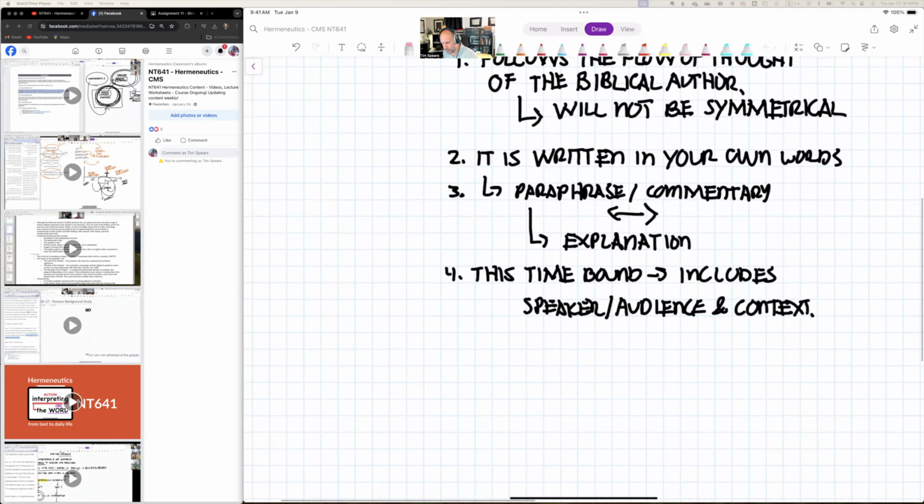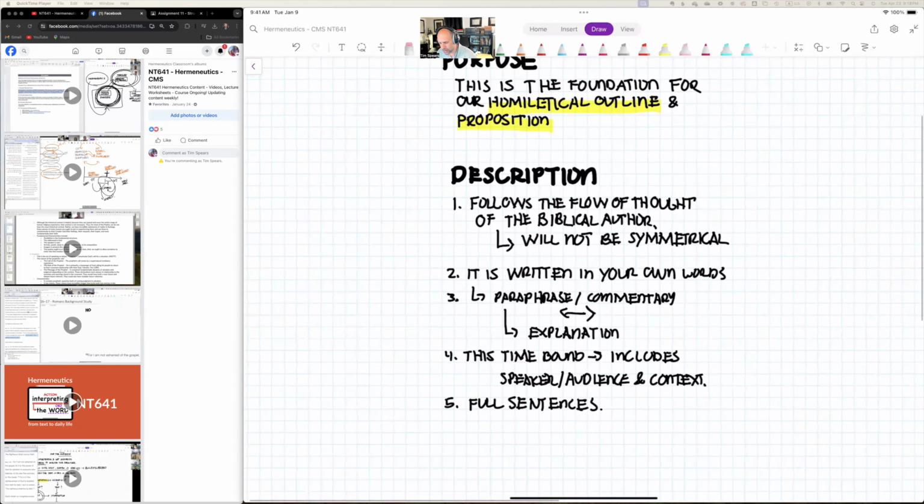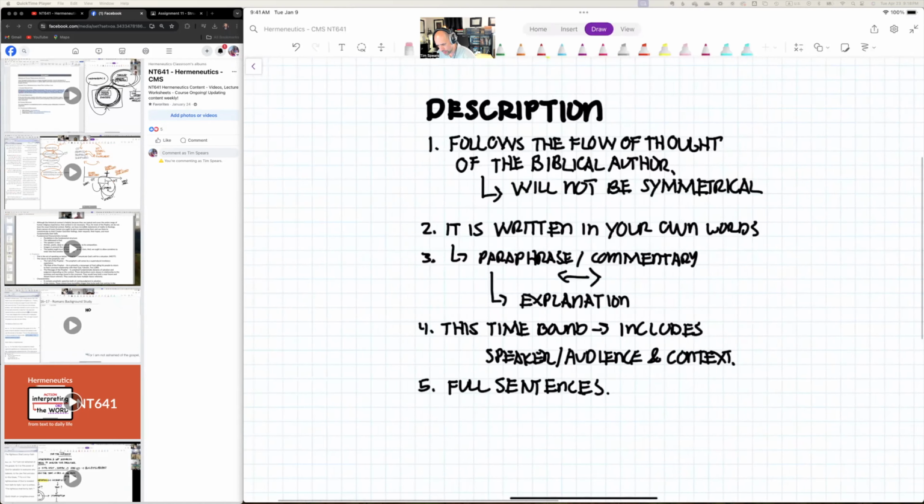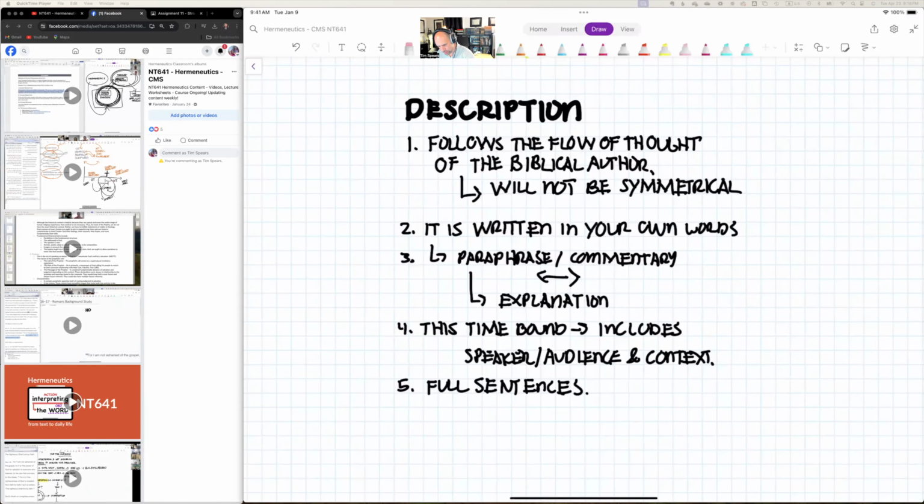This also should be written in full sentences. Even though you might be taking a portion of a sentence, whatever major point you're choosing, it should be in full sentences. This is the description.